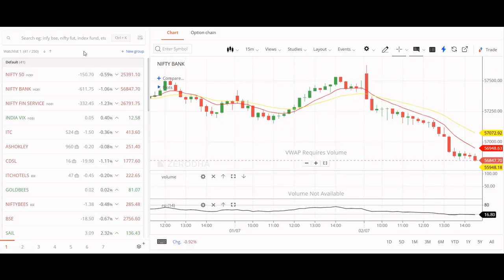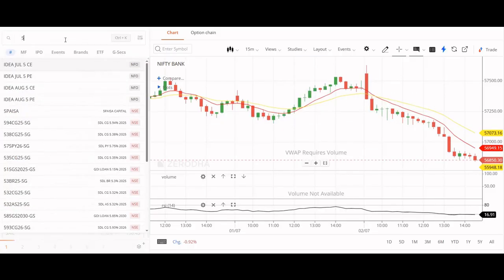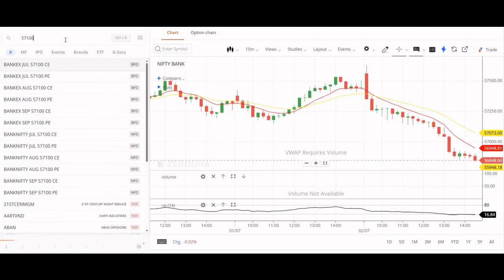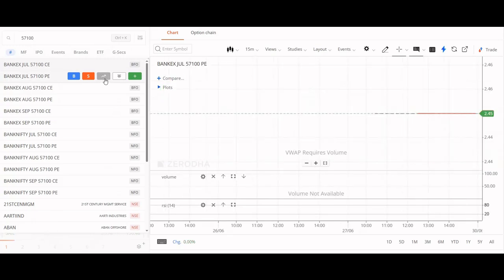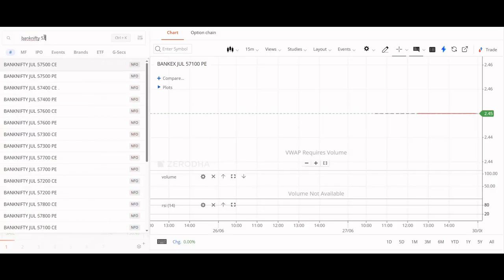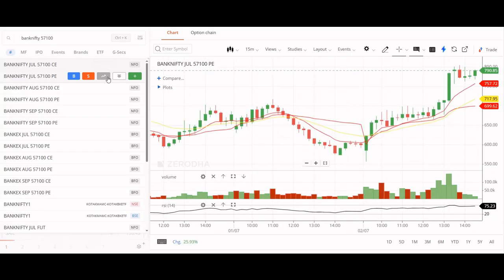So I'll open the 57,100 put option of July expiry. Sorry, I should type Bank Nifty 57000. I'll just open the monthly contract first.